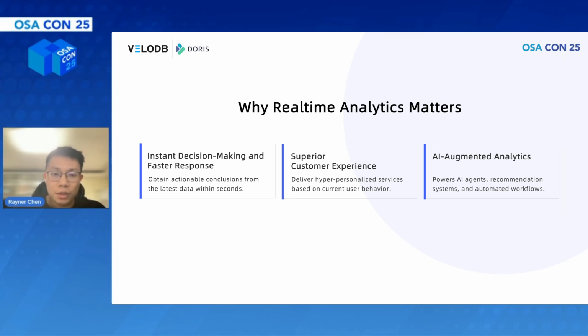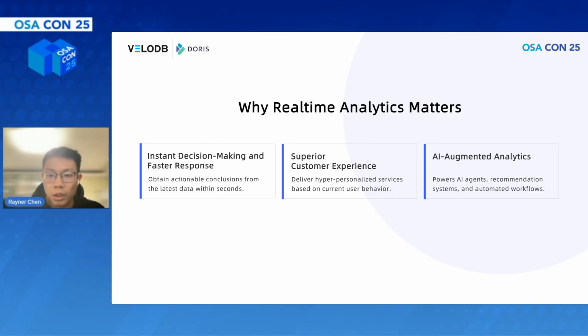Apache Doris is born for real-time analytics. So now let's dive into why real-time analytics matters. Simply put, it is essential for business success now. We see this driven by three main value areas. The first is a superior customer experience, which means delivering hyper-personalized service based on what the user is doing right now. The second is AI-augmented analytics.